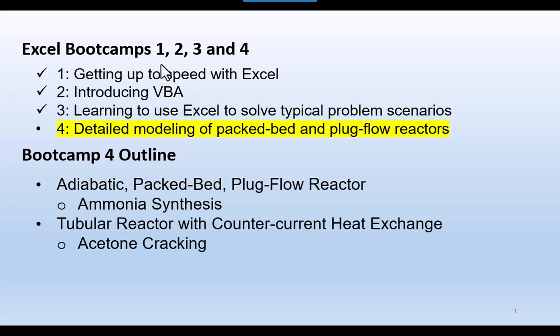So we're going to proceed here and look at, in the first part of this boot camp, the modeling of a classical process, which is a packed bed plug flow reactor operating at high pressure to produce ammonia.